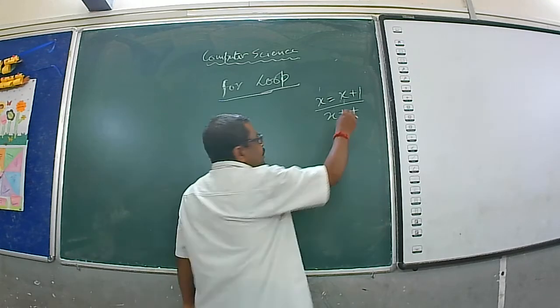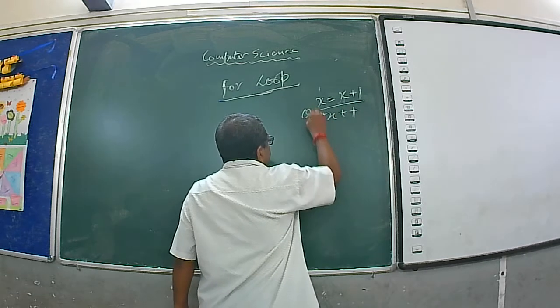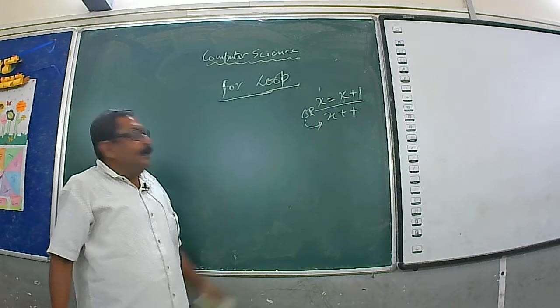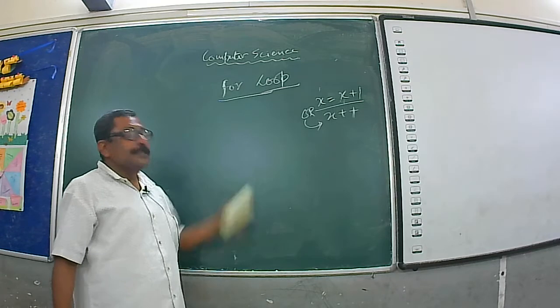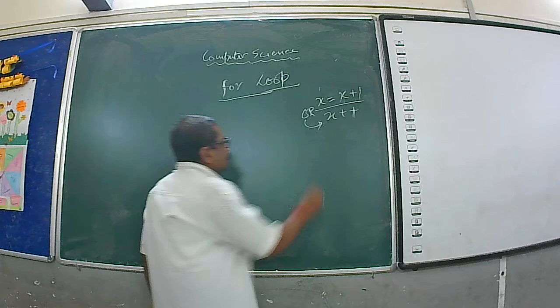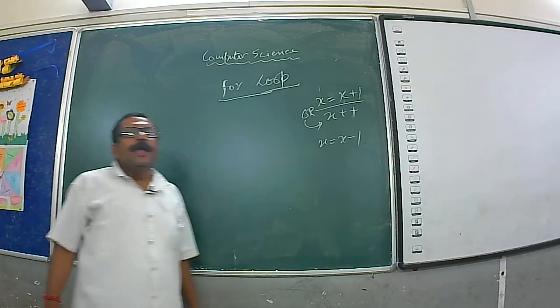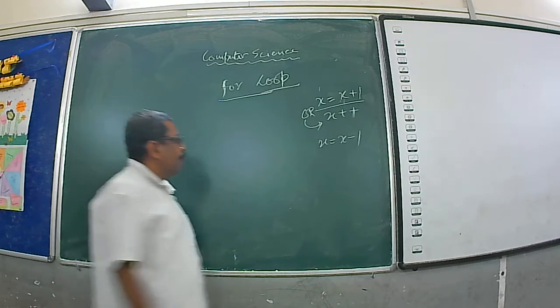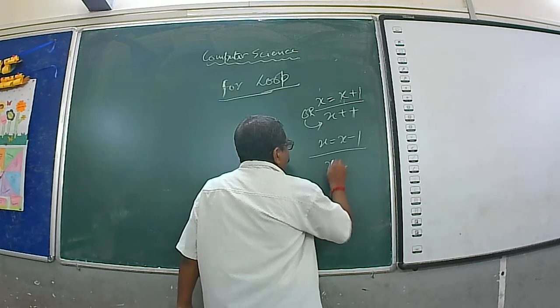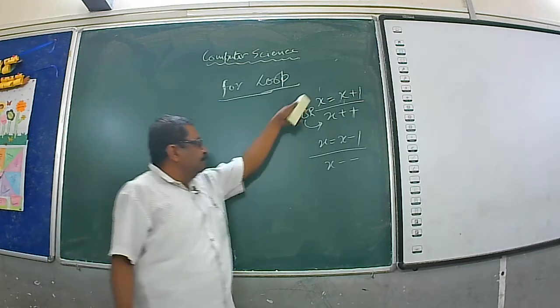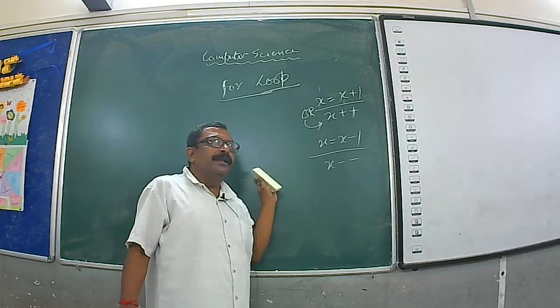So, we can write x is equal to x plus 1 or x plus plus. The same thing, if I want to go for subtraction, we can write x is equal to x minus 1, x minus minus. So, these are the things required in for loop.